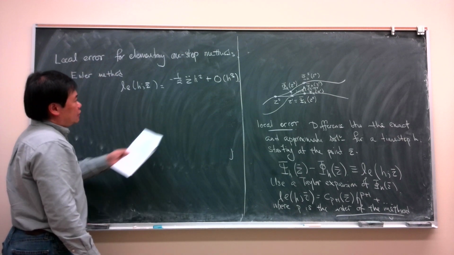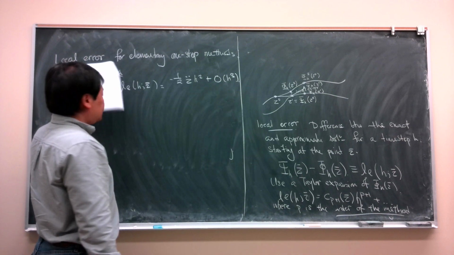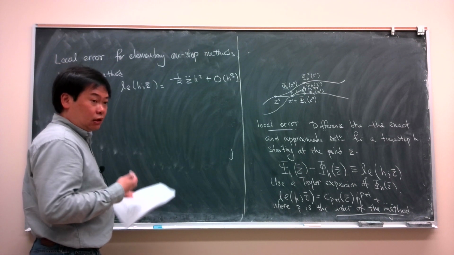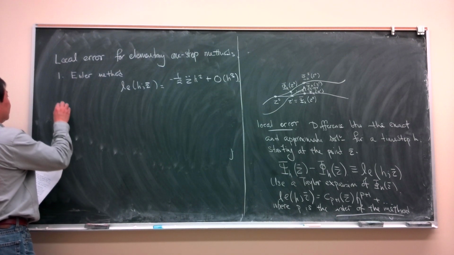So this is telling you that the p is 1, and that says that the Euler method is a first order accurate method, which means that the global error converges linearly in the time step h.